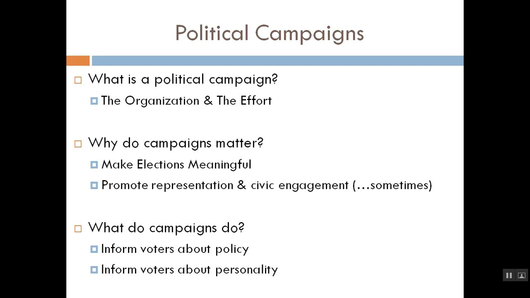At the same time, campaigns also provide us with information about personality. We knew a lot about the type of person that Donald Trump was well before he got elected. We knew, for example, that he was bombastic and that he sometimes made inflammatory statements. And we learned about Donald Trump not because we know him firsthand, but because his campaign helped to publicize his image. Similarly, on the other side, the candidate at that time, who represented the Democrats in the presidential race, Hillary Clinton, well, she also had a campaign.